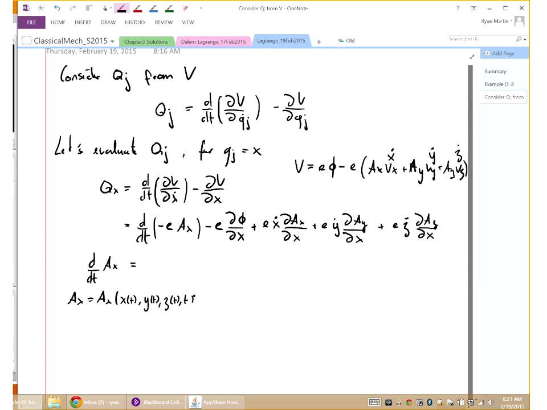This is something we did in the first lecture, so I break it out into all of the terms: ∂Ax by ∂x x dot plus ∂Ax by ∂y y dot plus ∂Ax by ∂z z dot, and then plus ∂Ax by ∂t.